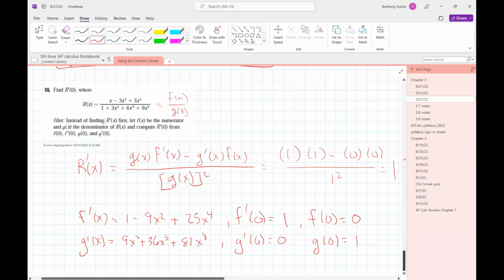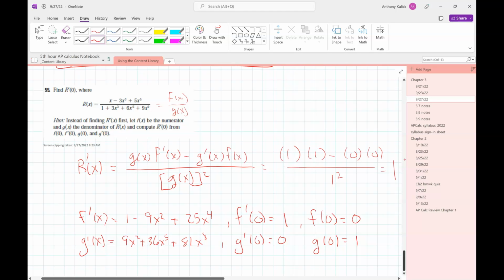What the book was hinting at is that if you're doing the quotient rule and your rational function, your fraction, is kind of complicated, sometimes it makes more sense to just write the formula down and do the derivative of the top and bottom separately, especially if you're going to just evaluate for a value, than carrying all that nonsense through and trying to simplify all the x's.